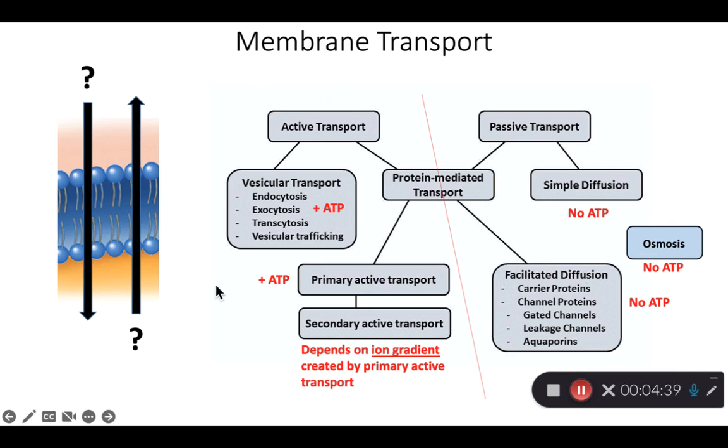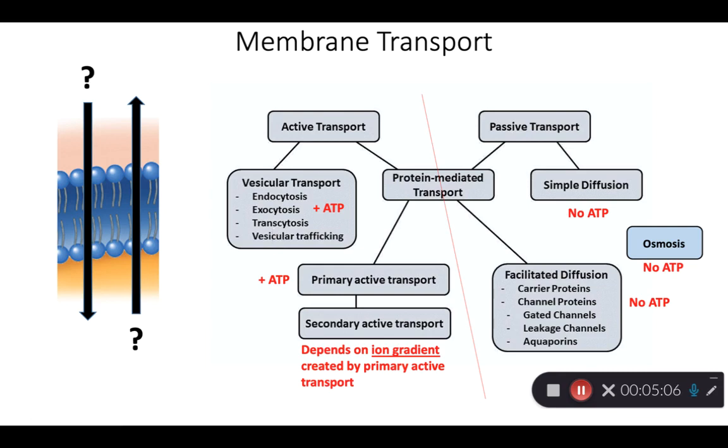Over here on the left side is when you need energy. So you could use a vesicle. Vesicular transport is when you use a little membrane vesicle to bring something into the cell, endocytosis. You might bring something out of the cell, exocytosis. You could bring something through the cell.